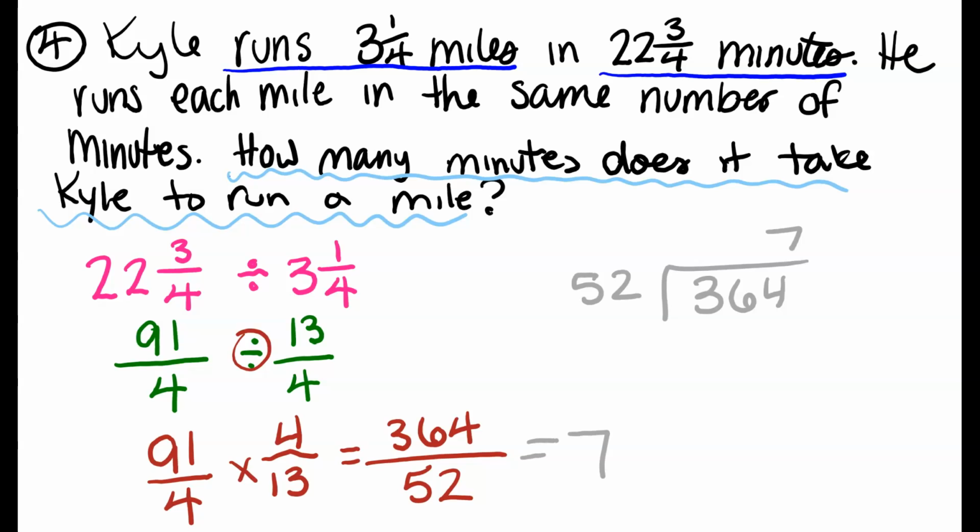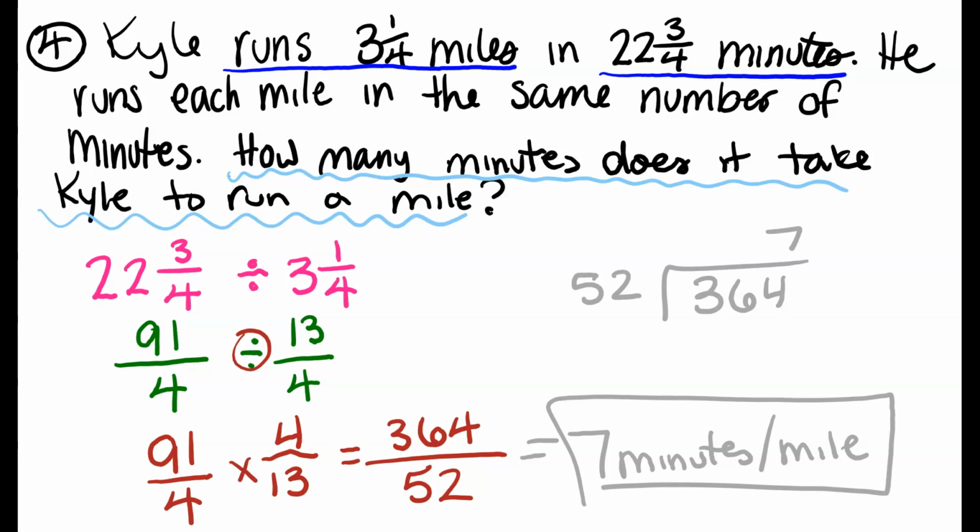So 7 minutes per mile. And I box it in to say, hey, Miss Reams, I want you to check that that's my correct answer. And I can move on to the next problem.